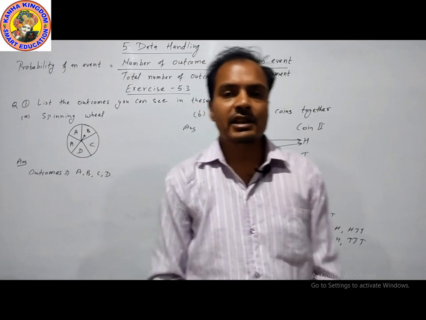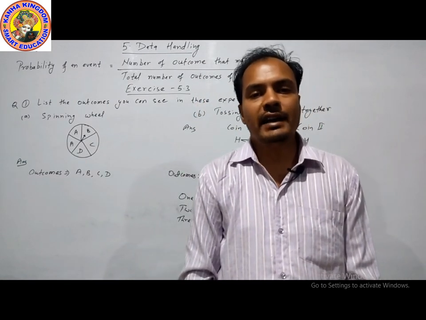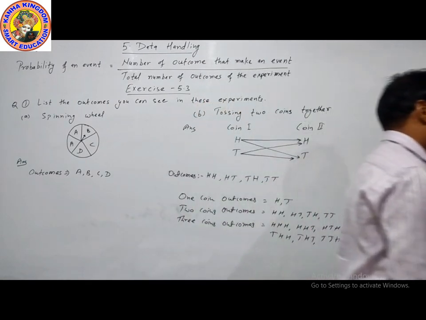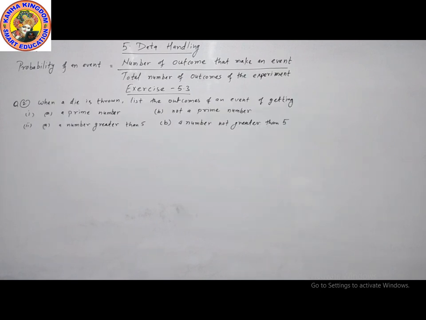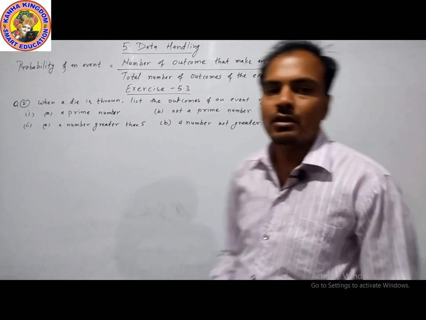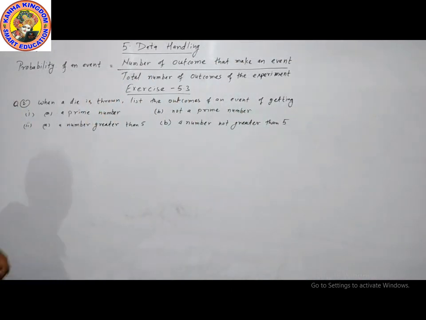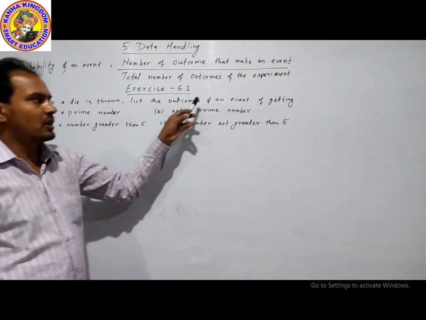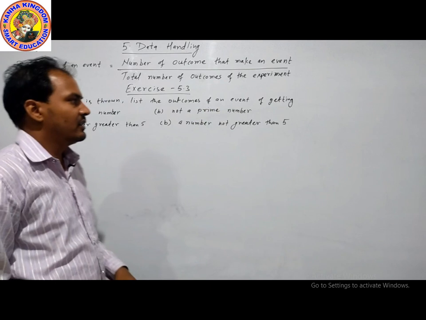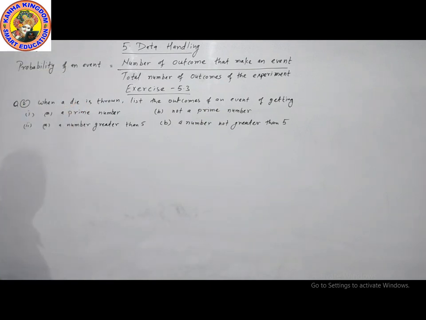You can take a screenshot of this. We will move to our next question. Now our next question is question number 2. When a dice is thrown, list the outcomes of an event of getting.